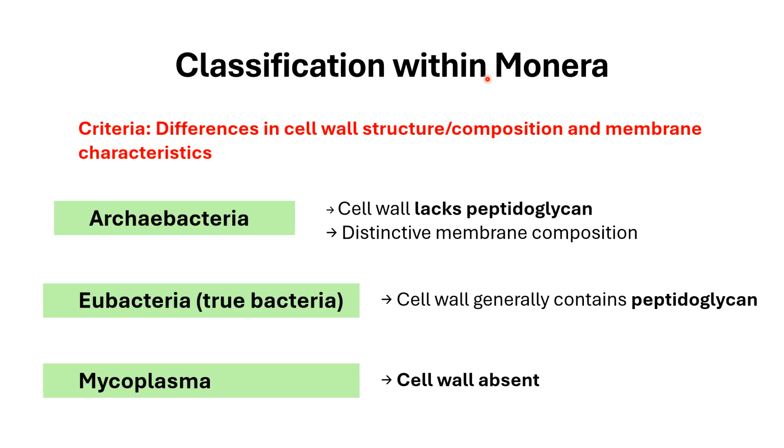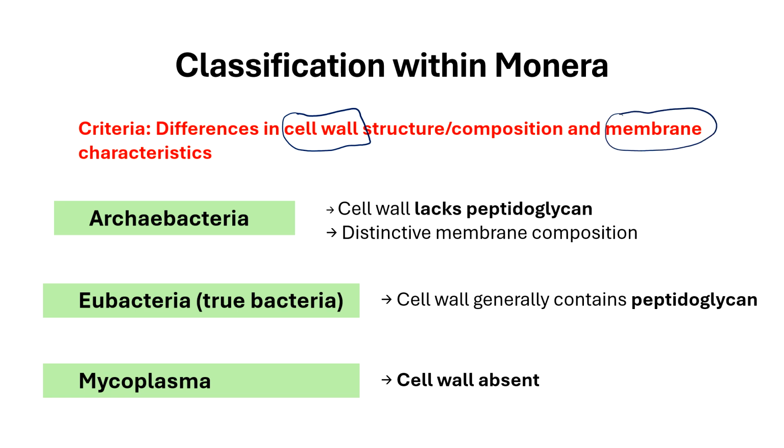If you take the different organisms under Kingdom Monera, they differ with each other with respect to, number one, the cell wall, both structure and composition, and second, the membrane characteristics.